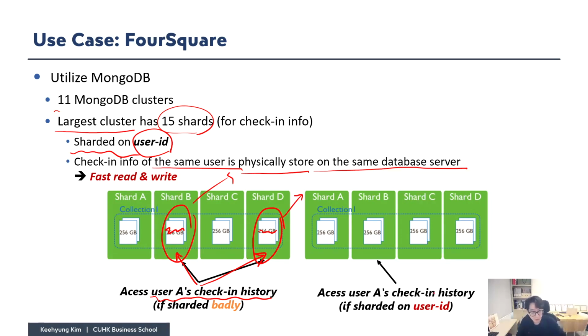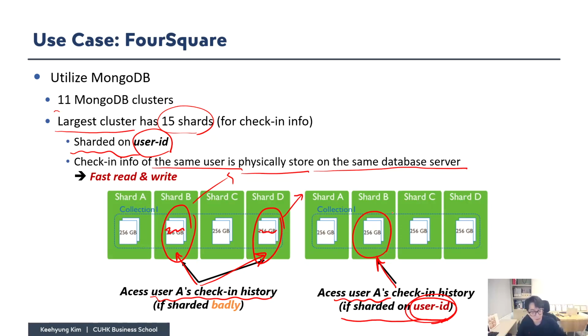But if all the documents are sharded on the user ID, it means that by specifying user ID as a shard key, we are going to group those documents together and store them in the same place. So user A check-in information will all be stored in the same location here.